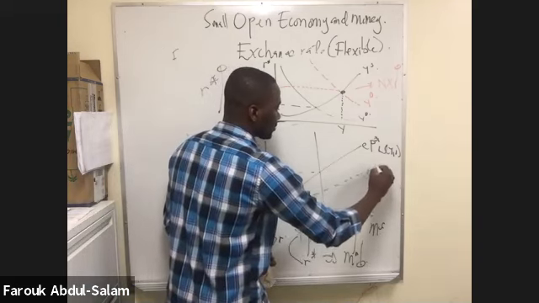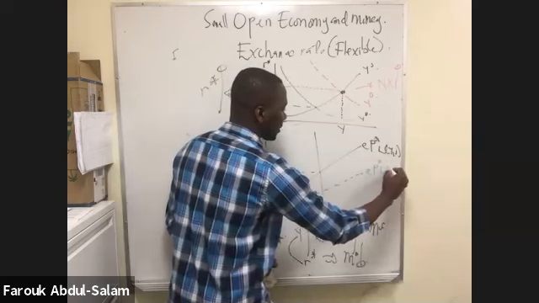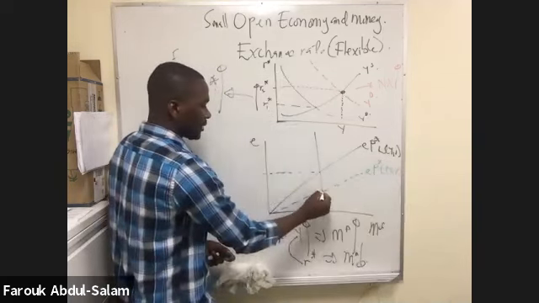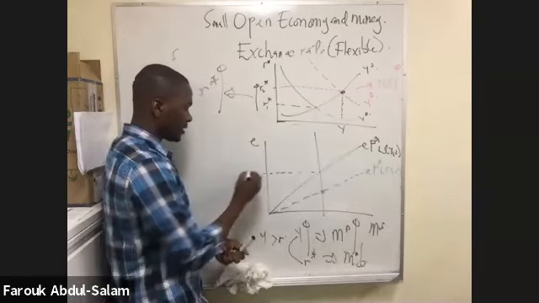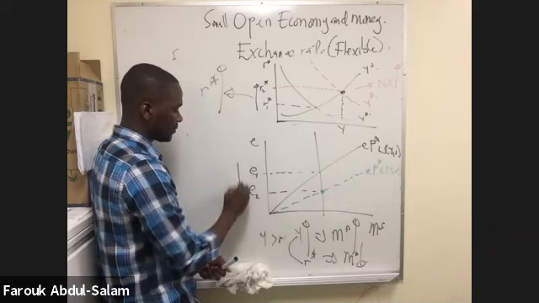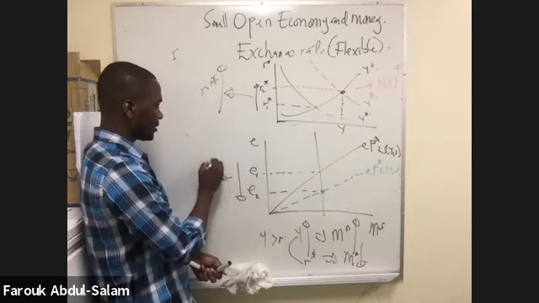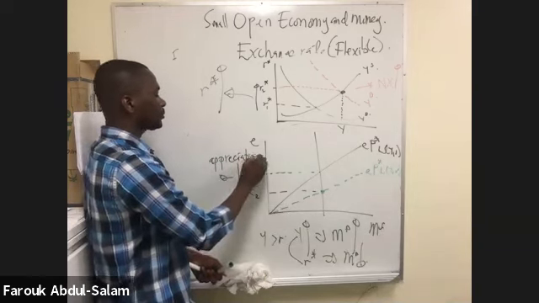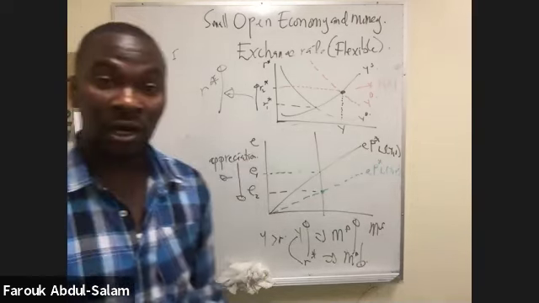So this guy is going to move towards this direction, and then we have R star also increasing. So at the end of the day, what do we see? We see that the exchange rate, what do we call this? I think appreciation, right? Exchange rate tends to appreciate.